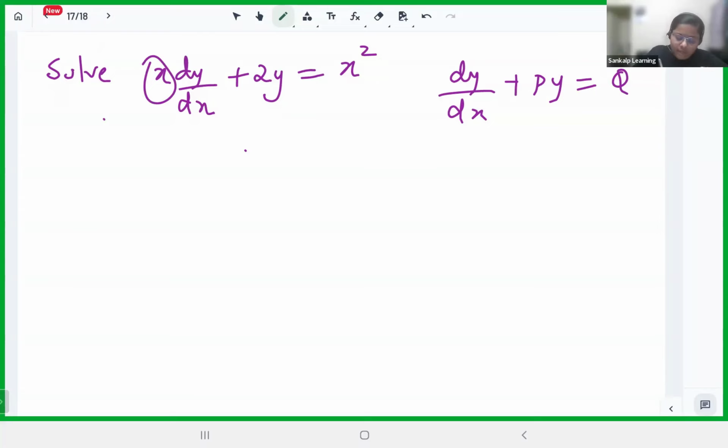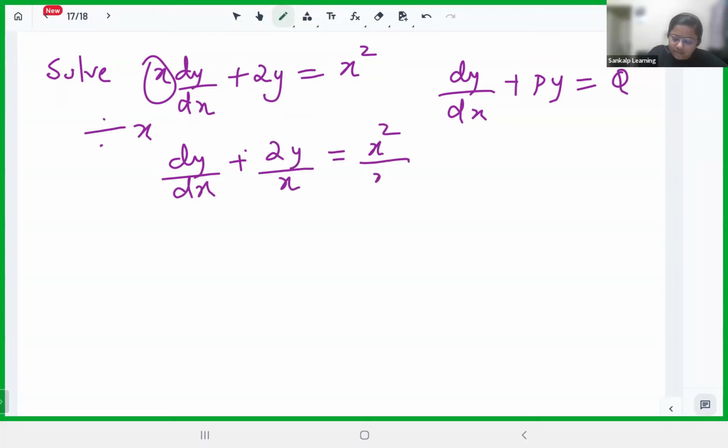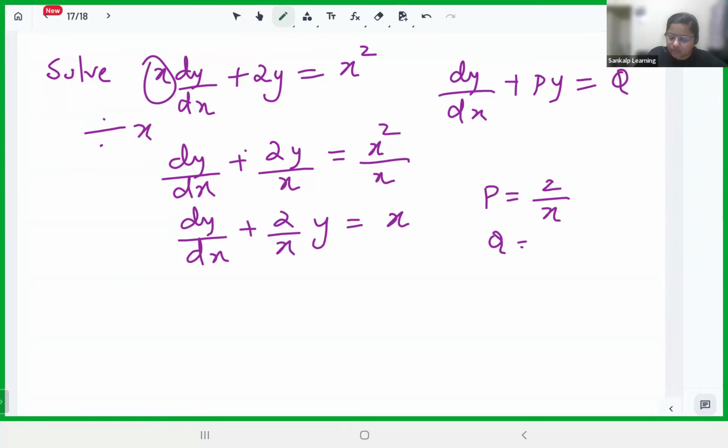Divide throughout by x. So this will become dy by dx plus 2y by x equal to x square by x. That is dy by dx plus 2 by x into y equal to x. So P is equal to 2 by x and Q is equal to x.